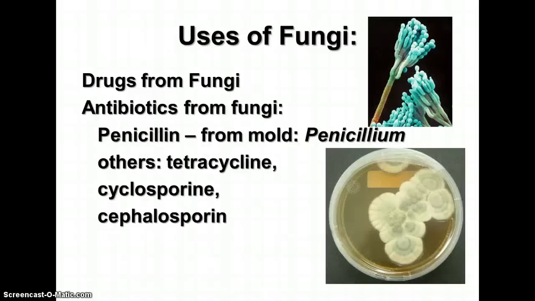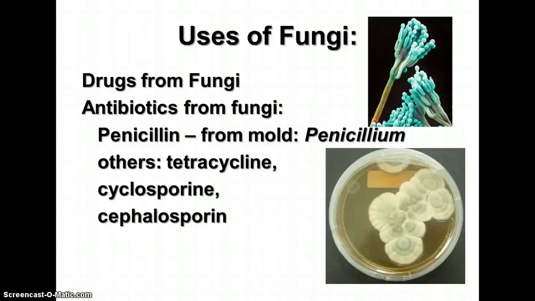Now, fungi can do lots of things. One of the things fungi do is that they produce drugs like antibiotics, and penicillin was the first one that was found back in the 1920s.